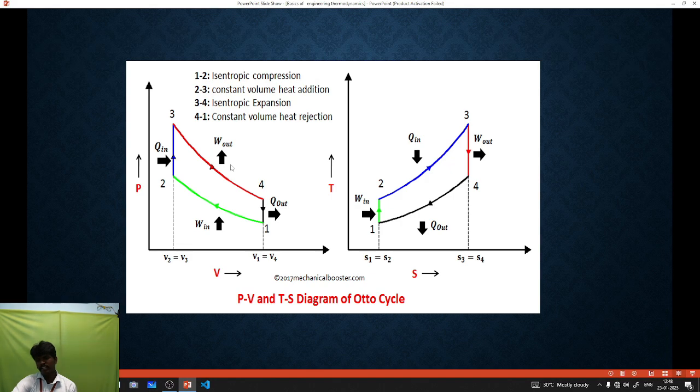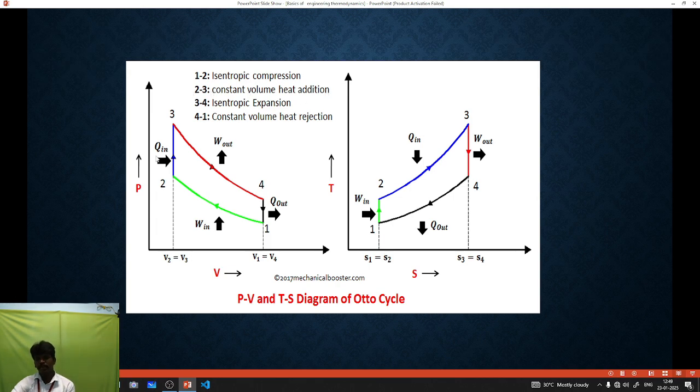These are the PV diagram and the TS diagram for the Otto cycle. Initially the air intake, and it is compressed from 1 to 2, isentropic compression. In the isentropic compression, the piston moves from BDC to TDC. At the same time, during compression, the pressure rises and the volume decreases. Further, process 2 to 3 means constant volume heat addition.